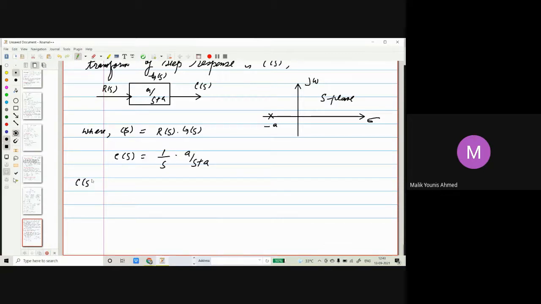C of S is equal to A divided by S into S plus A. It can be further written as A by S plus B by S plus A. Then we multiply this with the denominator of this equation, and A and A will get cancelled.